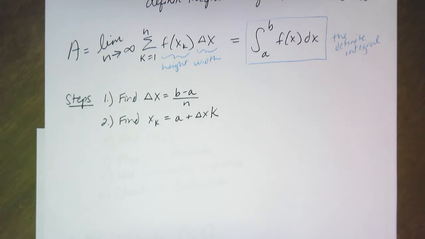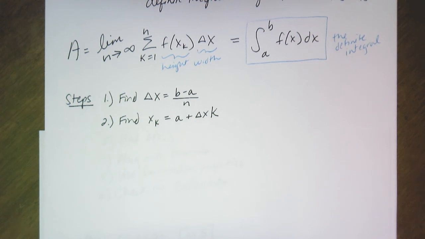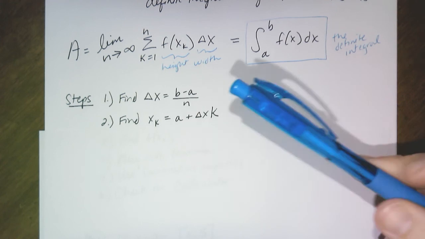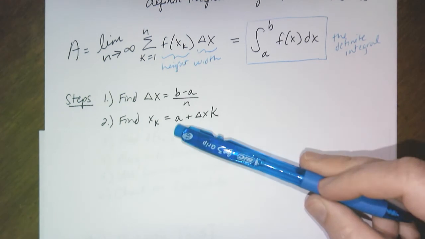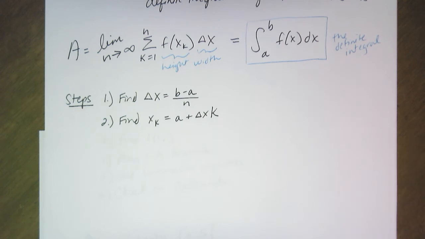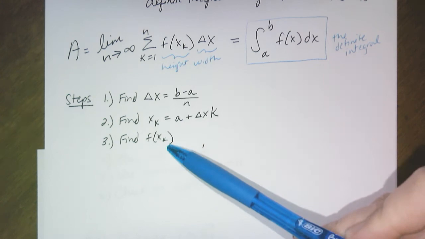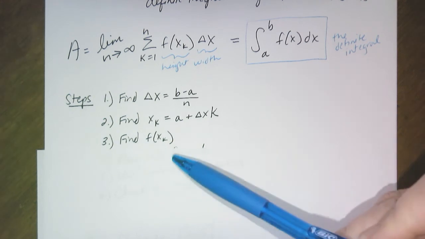Then you're going to find your x sub k. And the way that you do that, this is a right Riemann sum, by the way. There's a way to do it with left Riemann sums, but right is pretty simple. You take a and you add that to delta x times k. Then you find your f of x sub k, which is actually the height of that rectangle.